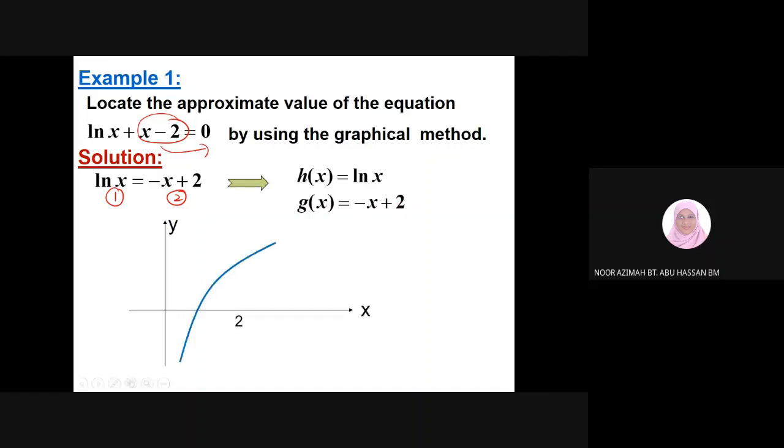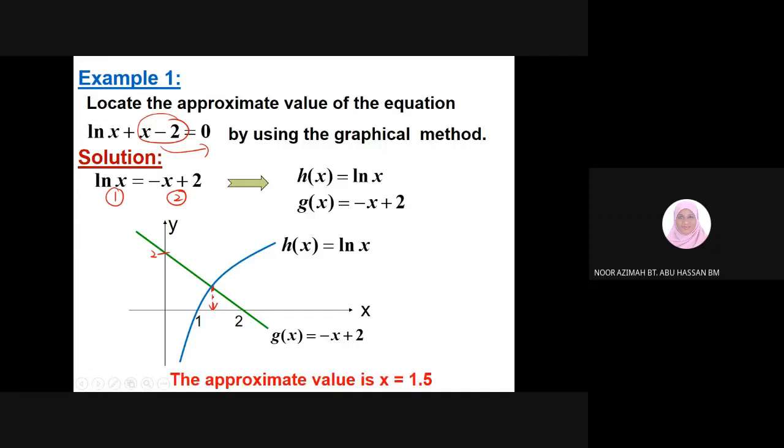So now sketch these two functions individually. This is our ln x, the blue one. The green one is obviously a straight line, intersecting at 2. So our initial approximation value will be the point of intersection between these two graphs. Roughly, the approximation value will be in between 1.1 and 1.5, meaning that any value in between 1 to 2 works.